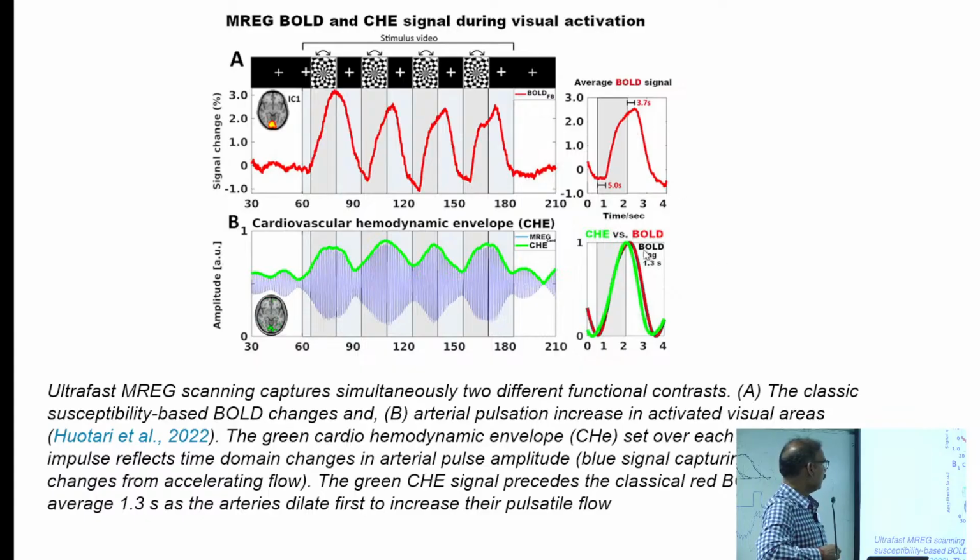And for the same region, when they look at the cardiac signal profile, it looks very similar to the task response. In fact, they are saying that the bold has a 1.3-second lag compared to the cardiac hemodynamic envelope.